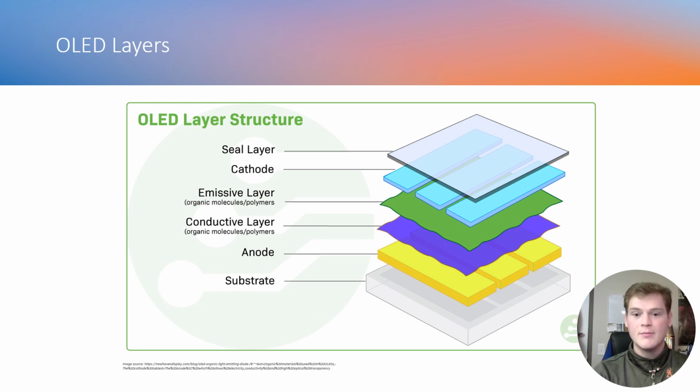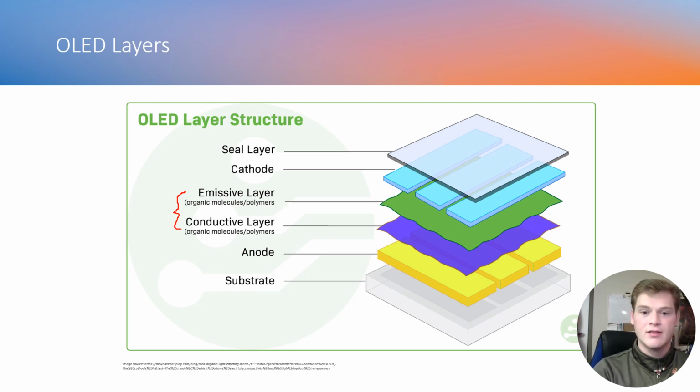Above that we have our anode, and our anode acts as the pool for electrons. It creates that difference. Our conductive layer is a really interesting layer. It interacts with our emissive layer, so these two are buddies.